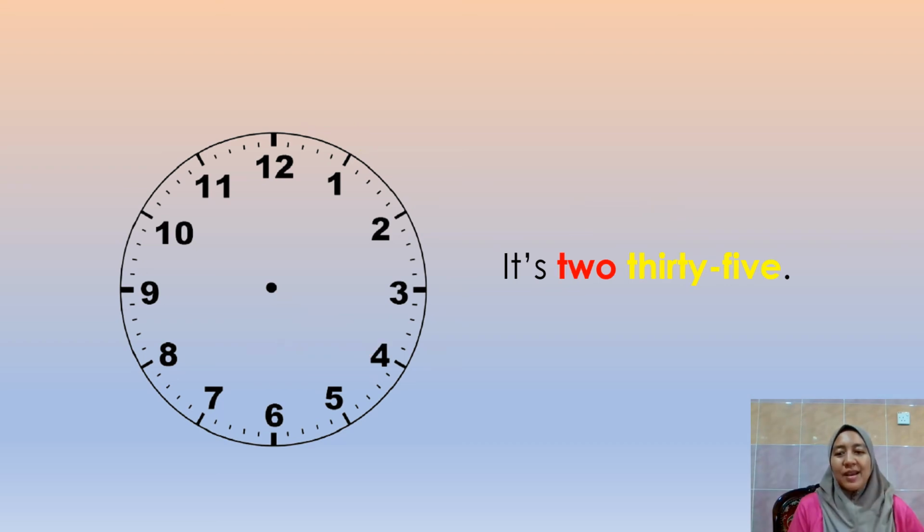Okay, next. And finally, for this slide, you are going to draw 2:35. So the same thing, 2, and 35. As usual, we draw the minute hand first, 35: 5, 10, 15, 20, 25, 30, and 35.